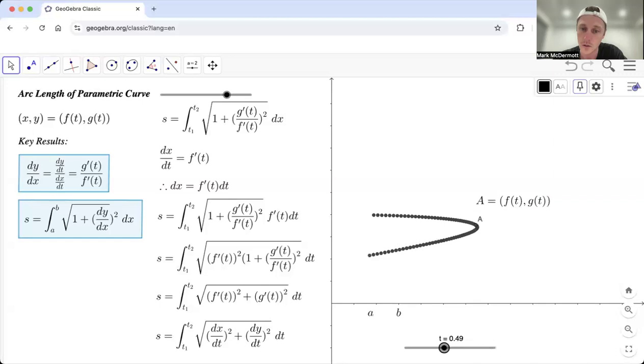So it's not a function, but this still allows us to find the arc length of it. And let me explain in more detail. So obviously this point A is f of t, g of t. And this is the path that it would trace out between t1. You can see t is 0.1 here, and it goes to a maximum of t being 1.